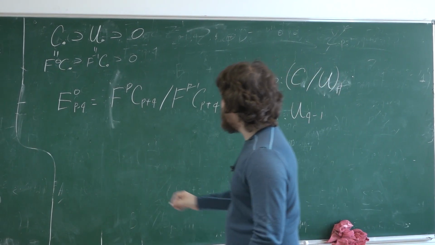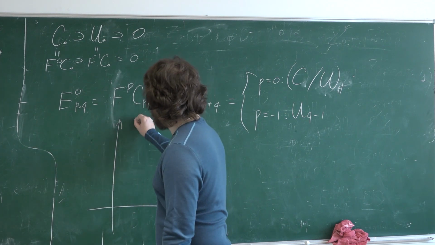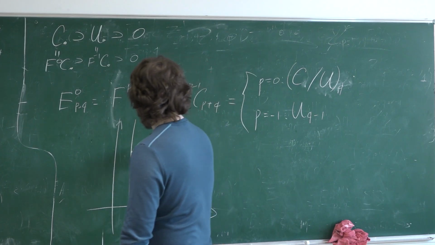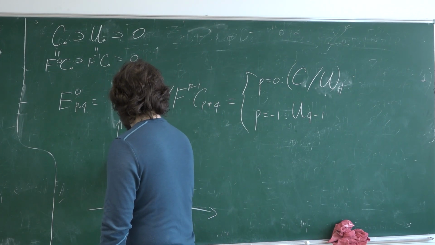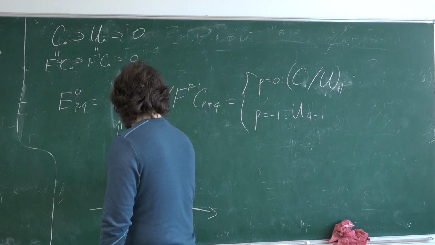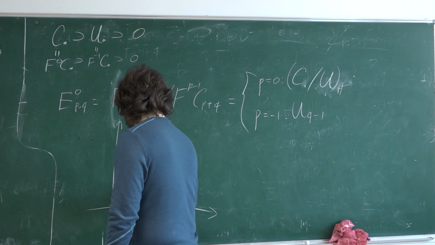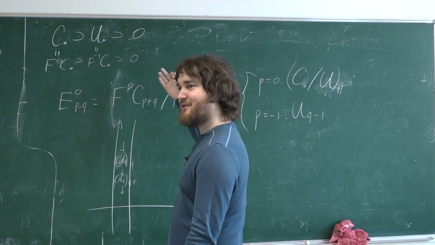So on the zero page, on the zero column, when p is 0, I have C modulo U_q, C modulo U_{q-1}, with the induced differential, because if I have a chain complex and a quotient complex, I also have a differential.